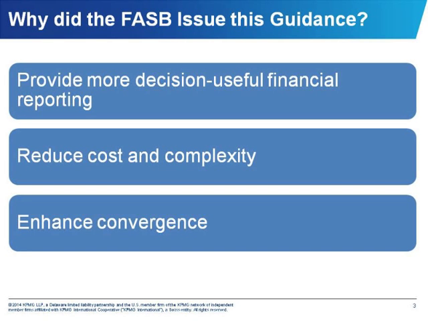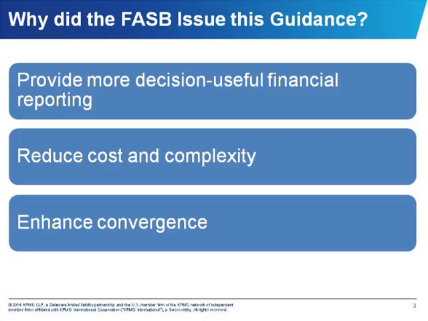So with that, Daniel, why don't we go into why the FASB revised their guidance on discontinued operations? The FASB began this project as a joint project with the IASB in 2008. The objective of this project was to develop an improved definition of discontinued operations that also enhances convergence between U.S. GAAP and IFRS.